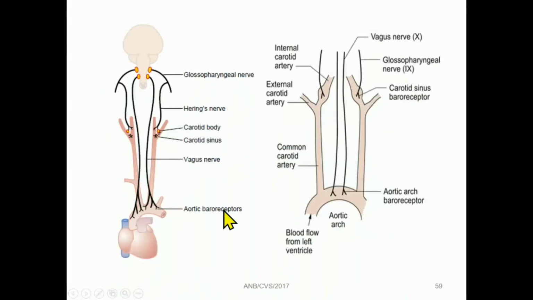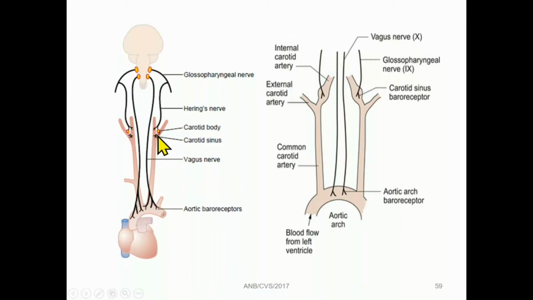What you can see in this figure are the aortic baroreceptors, which are present on the arch of the aorta. Then, as shown in the figure, these are the receptors present at the bifurcation of the common carotid artery and the internal carotid artery, which we call the carotid sinus.